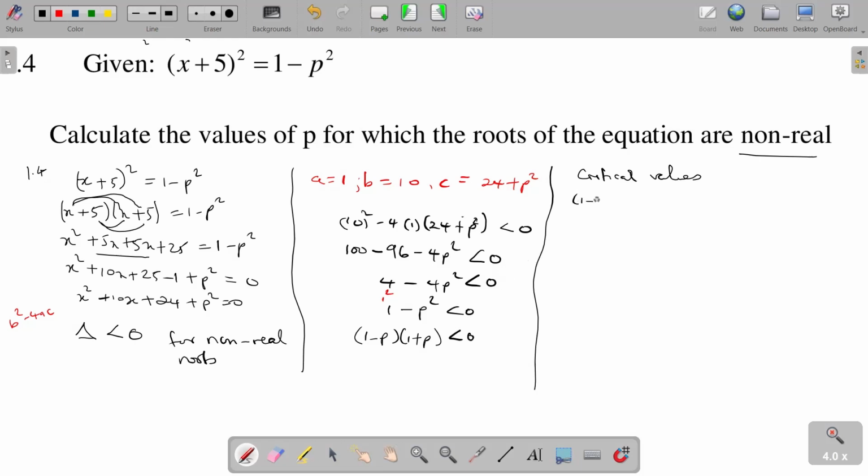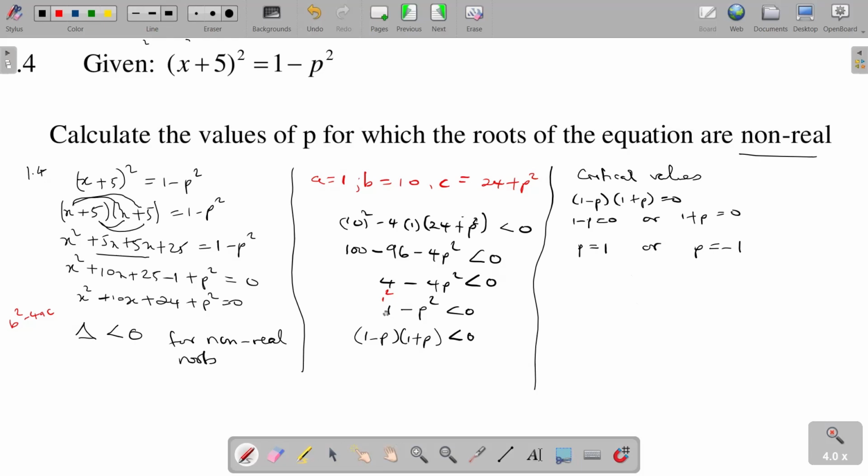So we are saying 1 minus p times 1 plus p is equal to 0. Since we have two factors equated to 0, we equate each factor to 0: 1 minus p equal to 0, or 1 plus p equal to 0. So our p is equal to 1, or our p is equal to -1. But take note, this is an inequality, not an equation. So we now need to solve the inequality.